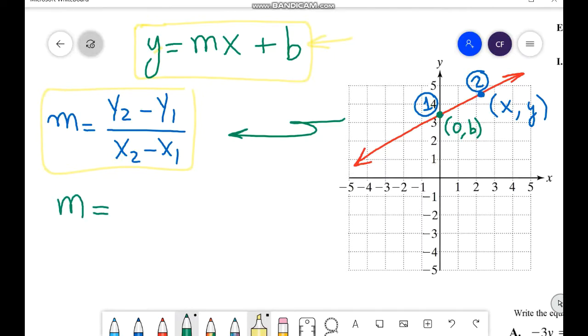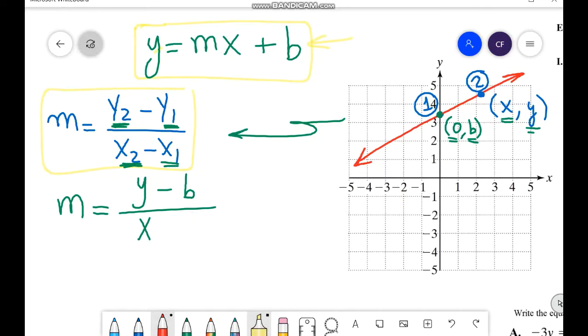M equals y2, which is y, minus y1, which is b, over x2, which is just x, minus x1, which is 0. And we don't need the 0.